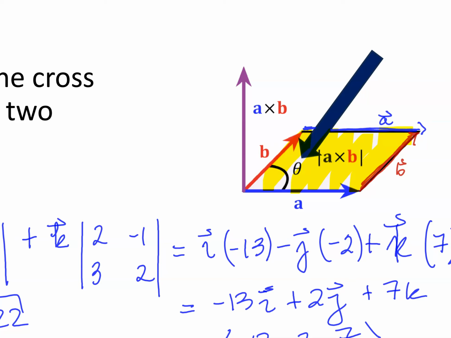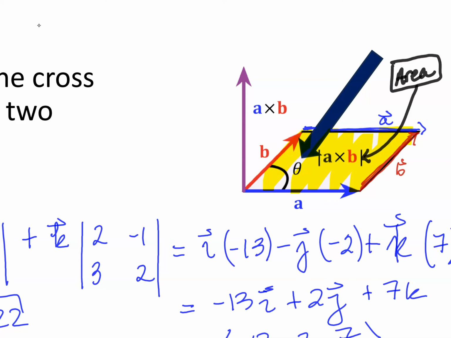And it happens to turn out to be the case that the area of this parallelogram is equal to the magnitude of the cross product of the two vectors A and B.